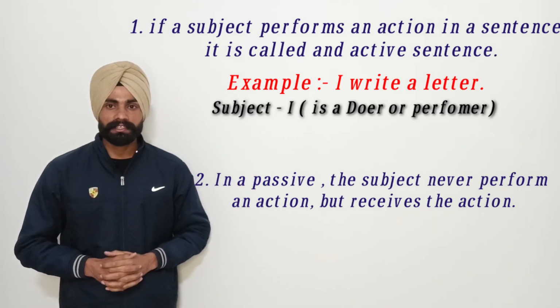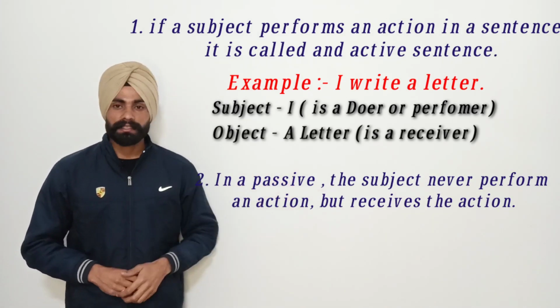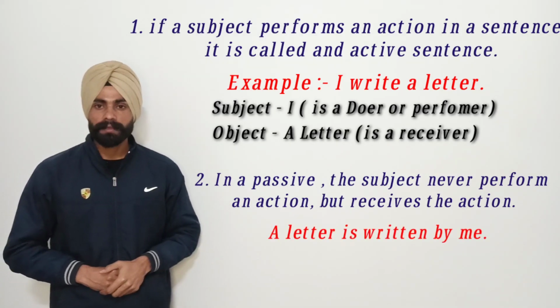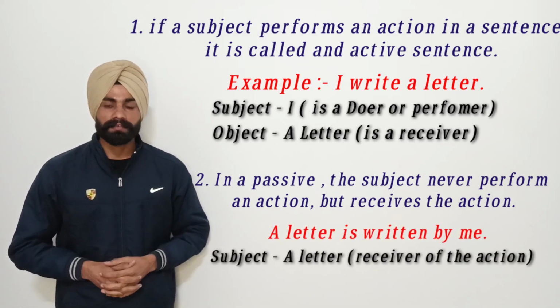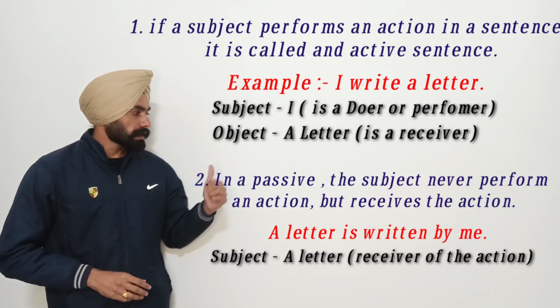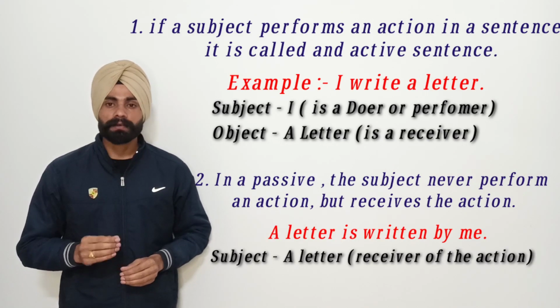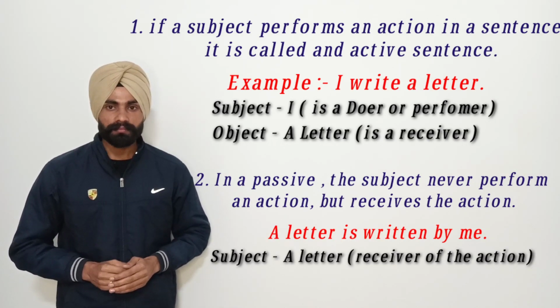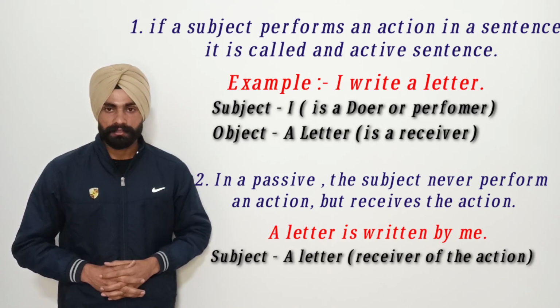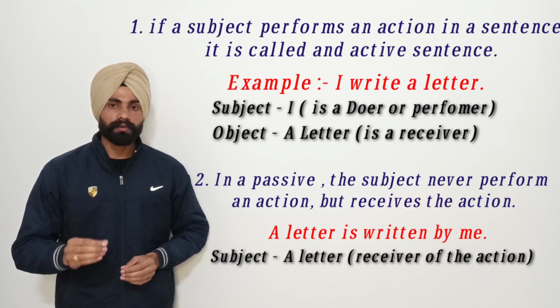Who is receiving my action? A letter is receiving my action. On the other hand, in the second sentence, a letter is receiving the action of the subject. It means in the passive voice, the subject never performs an action, but actually it receives the action. So this is the main difference.